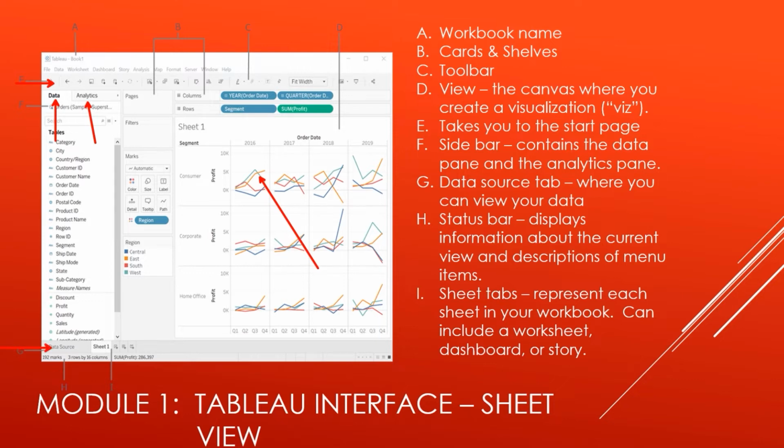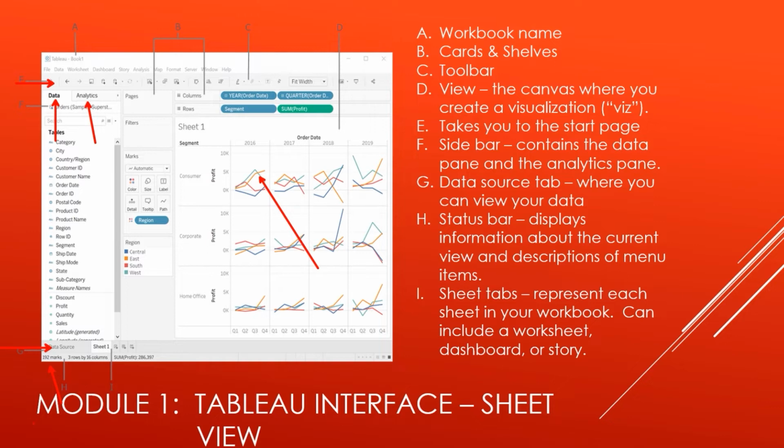And underneath all of that, you have a status bar. In this screenshot, it's showing there are 192 marks in the visualization. Each different point is known as a mark. It shows 3 rows by 16 columns, and it's giving you the sum of profit there in the status bar as well.